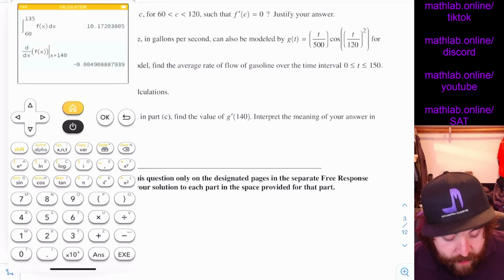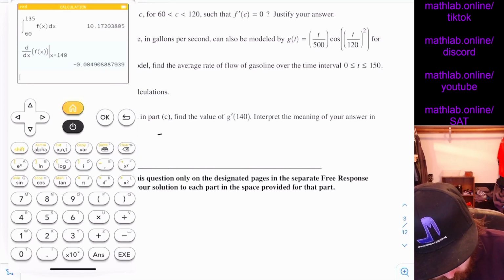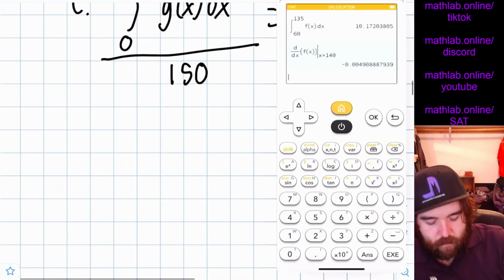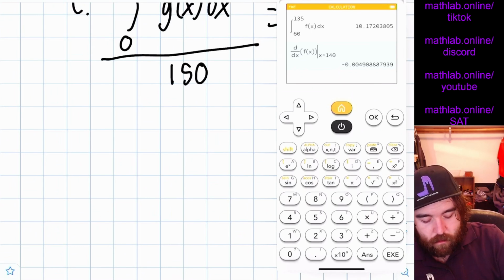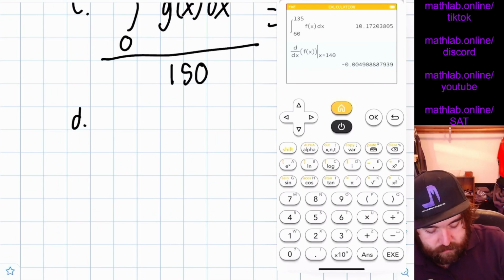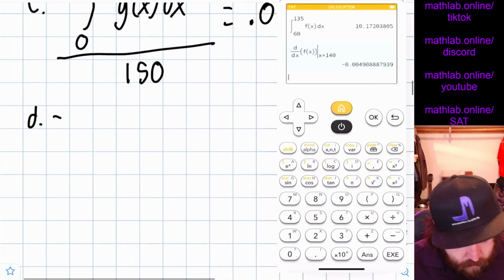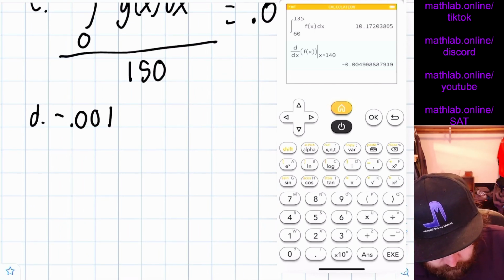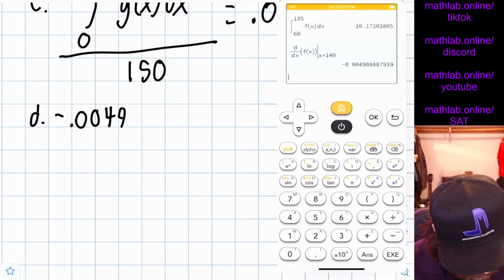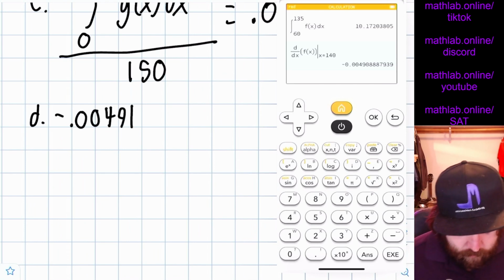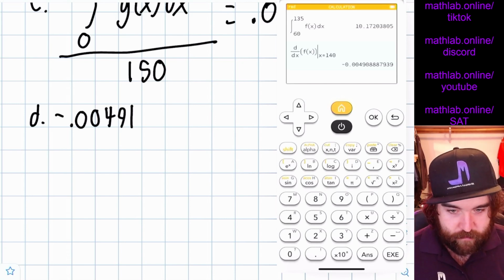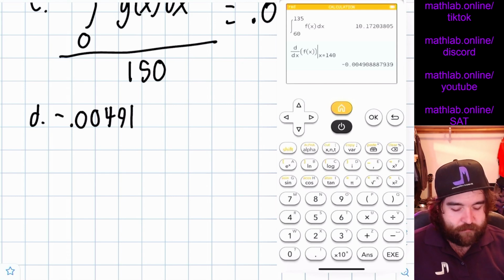Boom. Negative 0.00491. And that's the derivative, G prime.